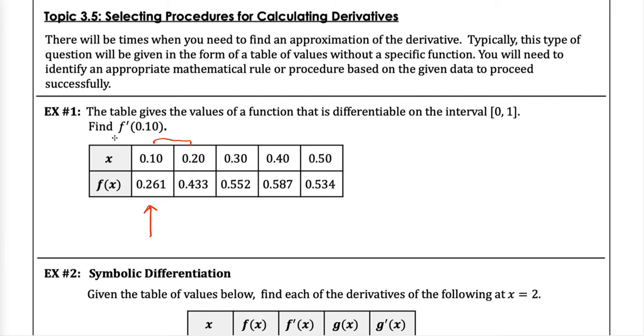The best possible choice would be if we had a number before 0.1 as well, so then we could kind of tell what was happening, but we don't. So our estimate for f prime of 0.1 would be 0.433 minus 0.261 over 0.2 minus 0.1. I have no idea what that actual answer is, nor do I actually care. But that's how you would find it.